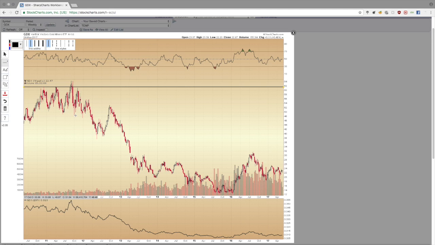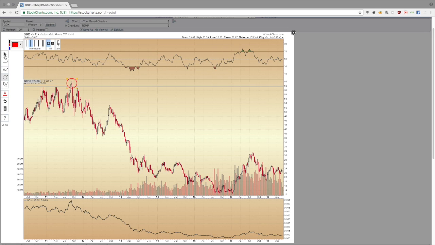Now, as a side note, those people who follow my analysis, what we would call something like this is a false breakout. This is one of the most ominous signals that you will see in any market, especially when it occurs at an all-time high, and especially when it occurs after a period of consolidation at an all-time high.